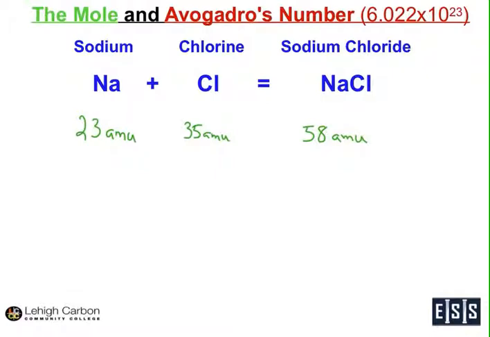Now, in a practical sense of day-to-day use, we don't go around picking up 1 atom and reacting it with another atom, say, on a bench or even in your kitchen when you're making something. The AMU is a very, very tiny mass, and obviously, an atom of sodium doesn't weigh very much.